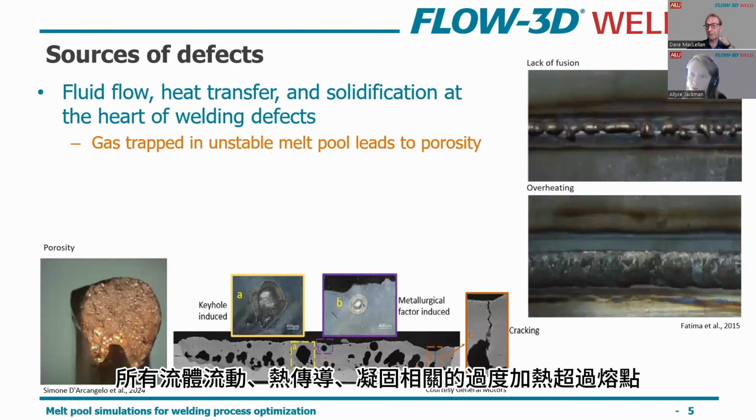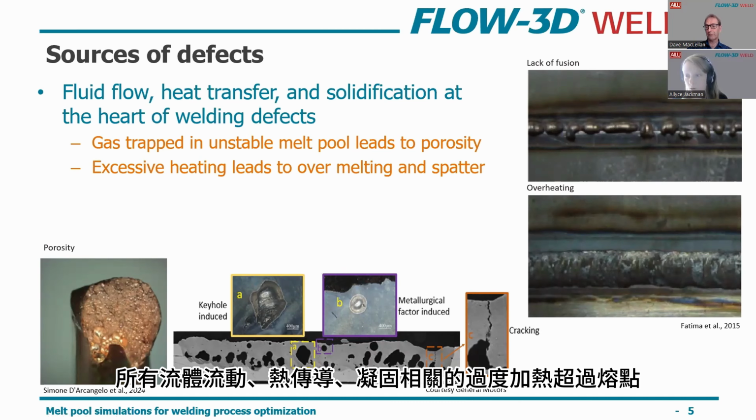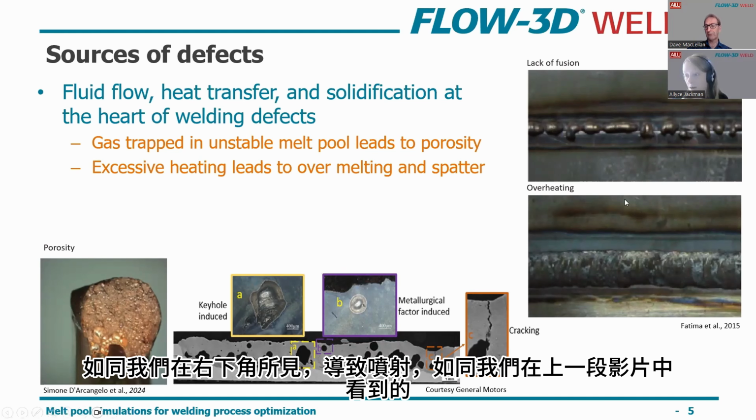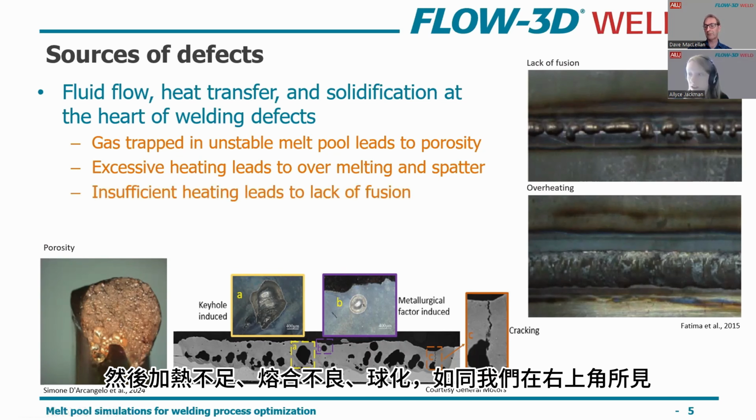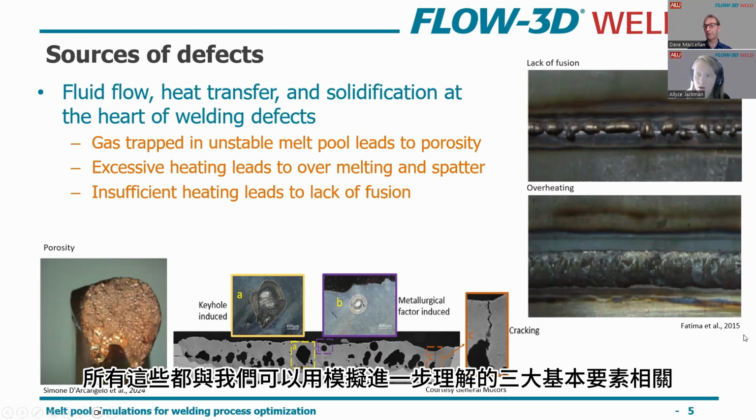So all fluid flow, heat transfer, solidification related. Excessive heating, over melting, like we see here on the bottom right, leading to spatter, like we saw in the last video, and then insufficient heating, lack of fusion, balling, like we see here on the top right. This is all related back to those 3 fundamentals that we can use the simulation to further understand.